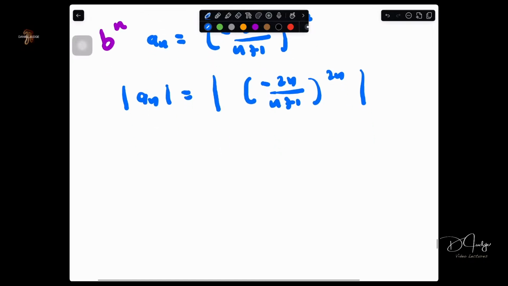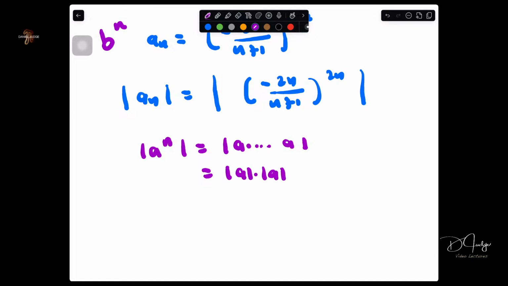Now, properties of exponents, what I mean by that is, the absolute value of a to the n is this particular product. We got n of these. So by the product rule for absolute values, you end up getting the absolute value of a to the nth power.